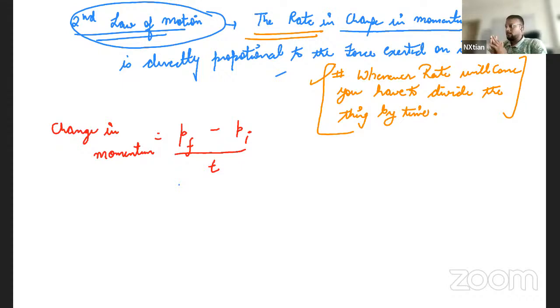Now, this is the theoretical meaning. What is the practical meaning? Yesterday I told you, see, this is the bottle in front of me. Can you see that bottle? I know it's blurred. I'll remove the blurredness. Okay, now can you see that bottle? Now, this is my hand. It has some velocity and it's going to hit this bottle.